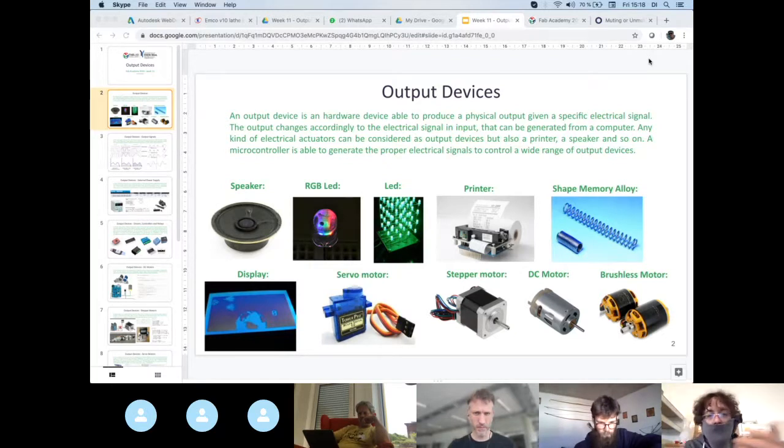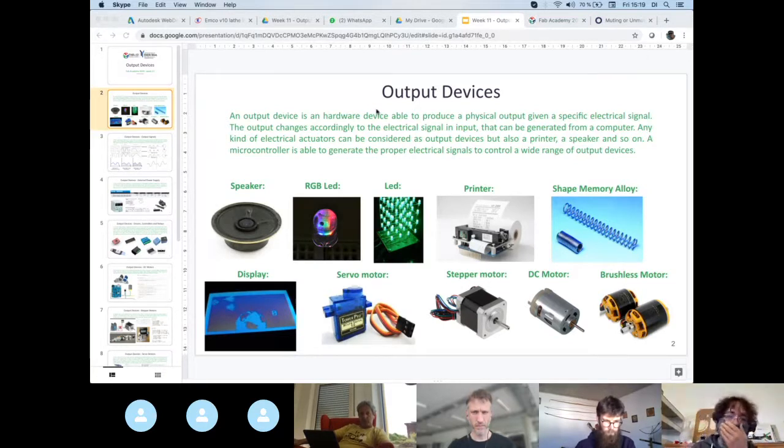This input signal allows us to control the output device. For a motor, we can change the speed. For a display, we can change the colors and the image. For a speaker, we can change the sound.